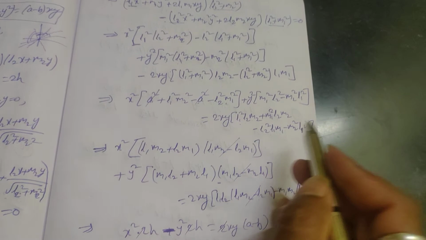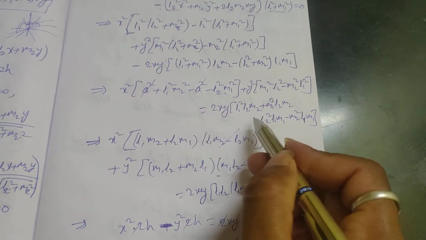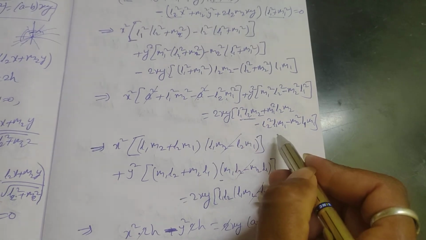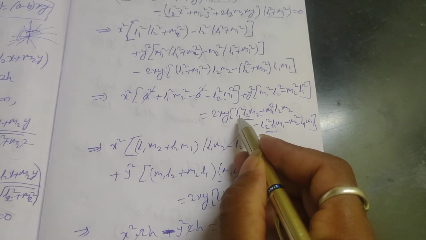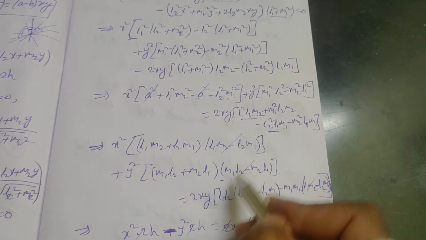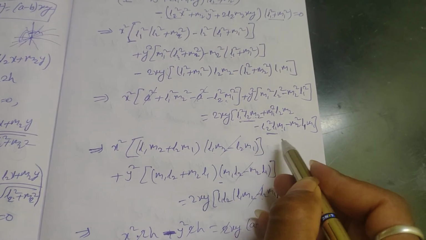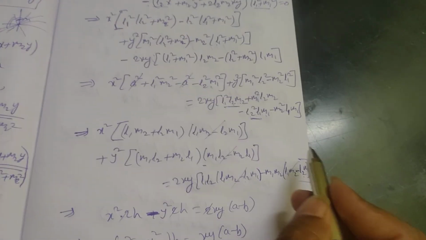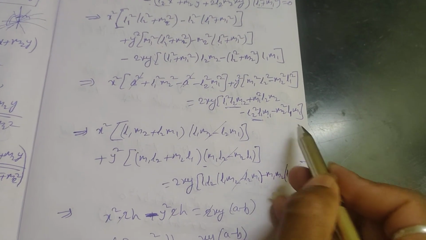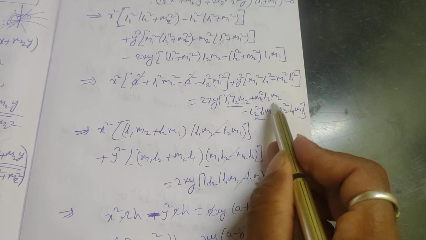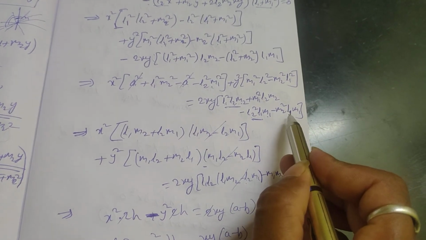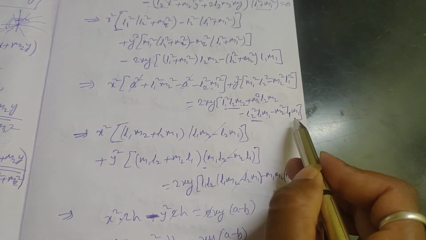This is equal to xy into, from these two terms, if you take L1 L2 common, here one more L1 M2, here one more L2 M1. If you take L1 L2 common, L1 M2 minus L2 M1. And minus M1 M2 if you take common, here we have M1 L2, here we have M2 L1.